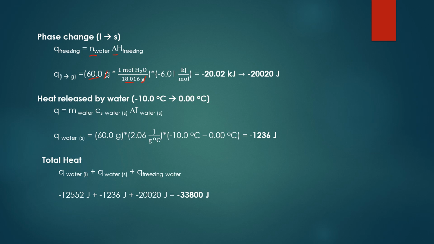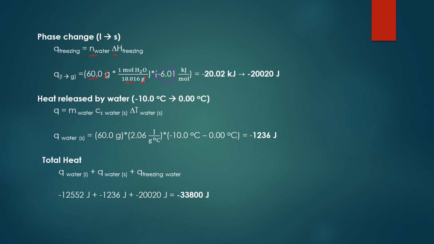We're doing the reverse. So since we're doing the reverse, we have to change the sign on that delta H of fusion that they gave us. So that's why we have a negative 6.01 here instead of the positive 6.01, because we're doing the opposite direction that the value was originally meant for.